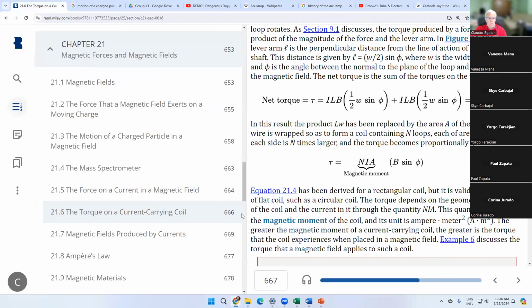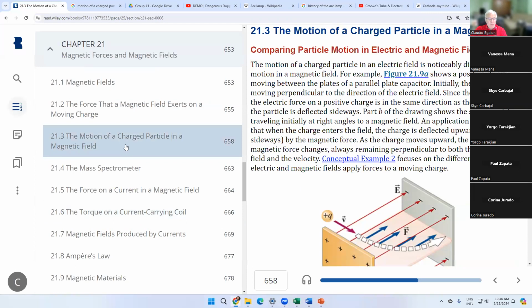Here you go. Motion of a charged particle in a magnetic field. Now you know how the charged particle moves in a magnetic field. And there are some interesting devices out there that the book covers. One of them is the mass spectrometer.